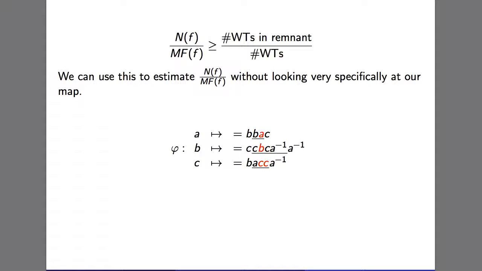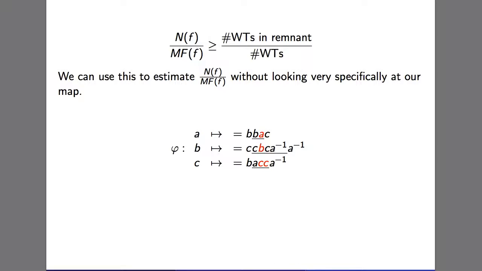In this old example here, now we already know this one, the ratio was actually equal to 1. But even if you don't look very carefully, you can estimate the ratio. Here, I have highlighted where the Wagner tails appear, right? This A, this B, and then these two C's, they each create different Wagner tails, all right? But you can see they are all inside the remnant.